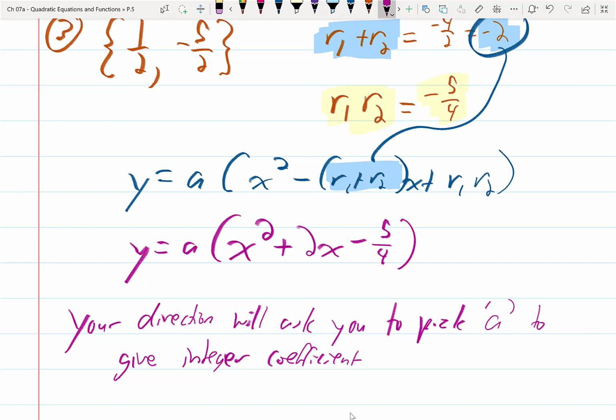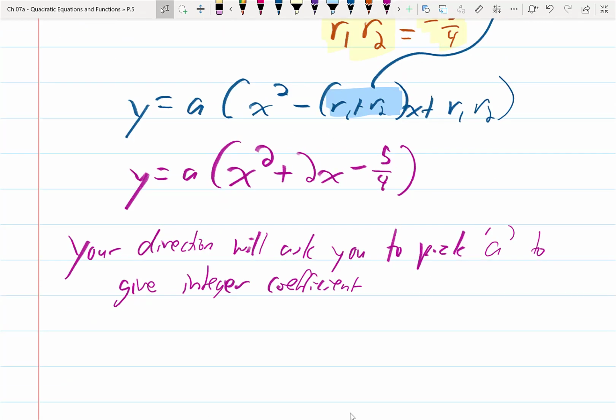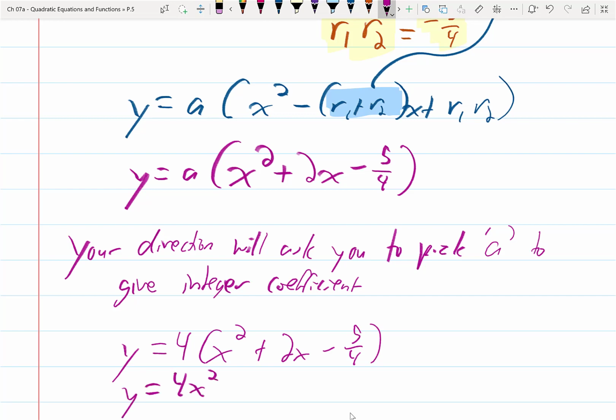I would choose 4. Make it the simplest possible A. So I'm going to go y is equal to 4 times x squared plus 2x minus 5/4, and we're going to simplify that to y equals 4x squared plus 8x minus 5.